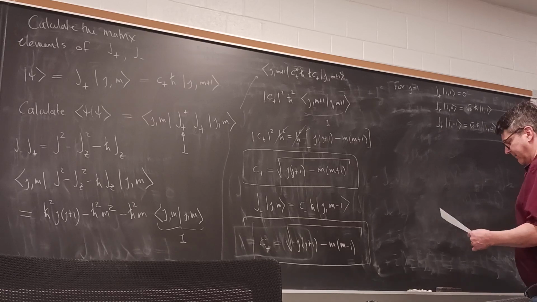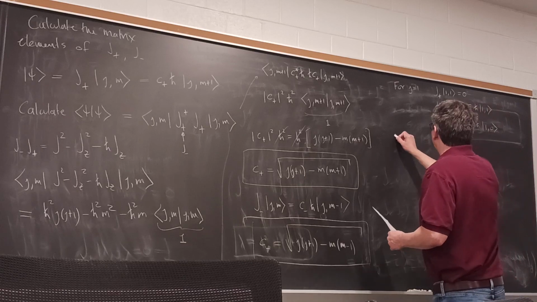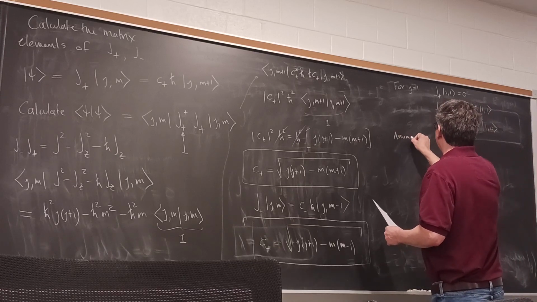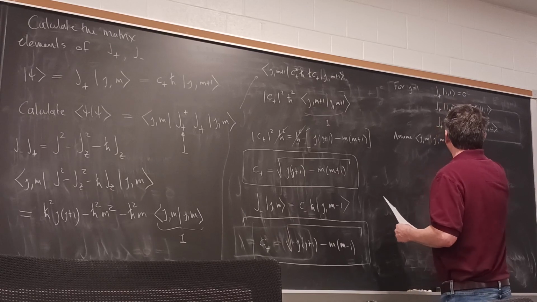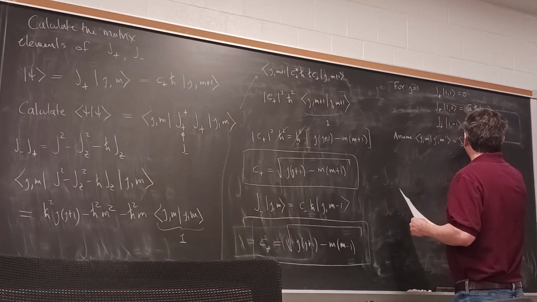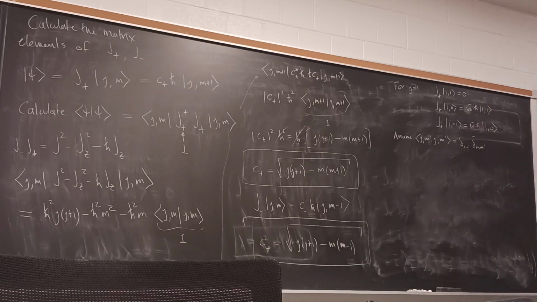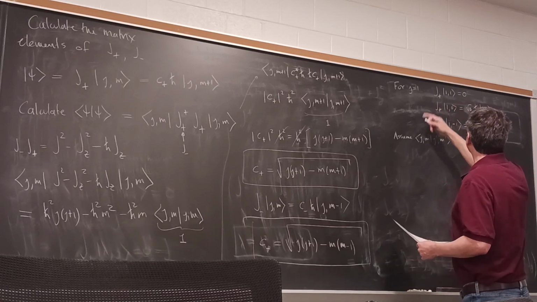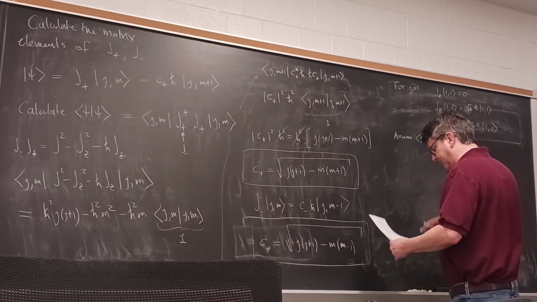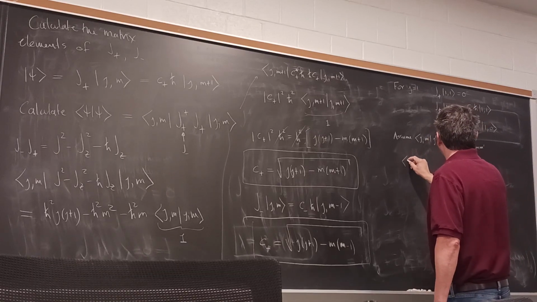And now let's go ahead and see if this is correct. Again, we'll assume that the inner product of J prime, M prime with J, M is delta J prime J, delta M prime M. We should have orthonormality on our basis states, and so we can just calculate the coefficients then.